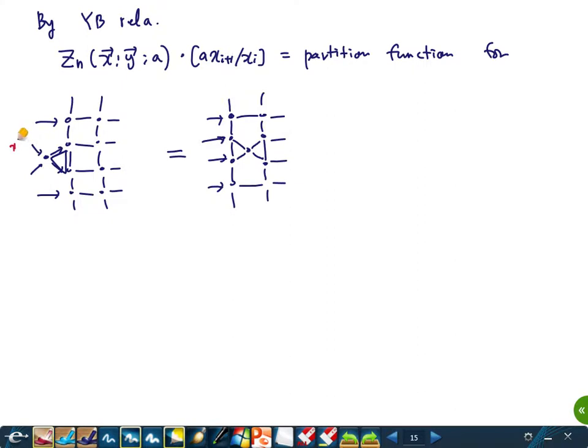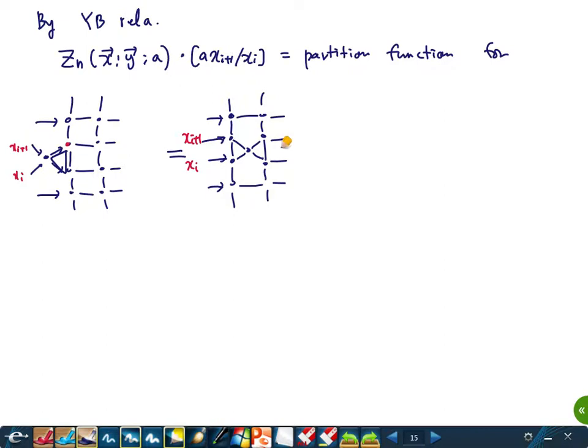Just think of this as labels xi plus 1, xi. Meaning that this was before xi over y1, but now it's xi plus 1 over y1. If you consider all possible configurations, the weight sum is the same as this. Their partition functions are the same. The systems are slightly different, but the weight sums are the same. Is that okay?